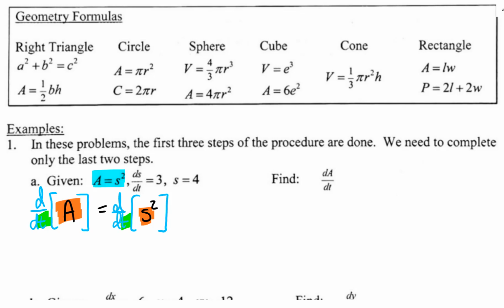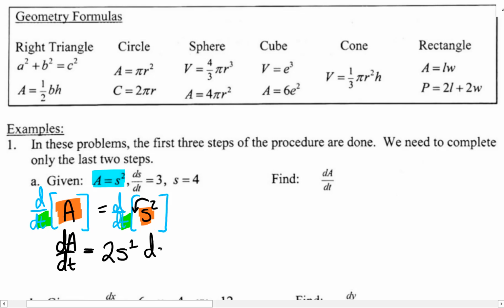The derivative of A with respect to time is dA/dt. The derivative of s squared with respect to time is pop down the power, times the derivative of the inner function. So what's the derivative of s with respect to t? That's simply ds/dt.